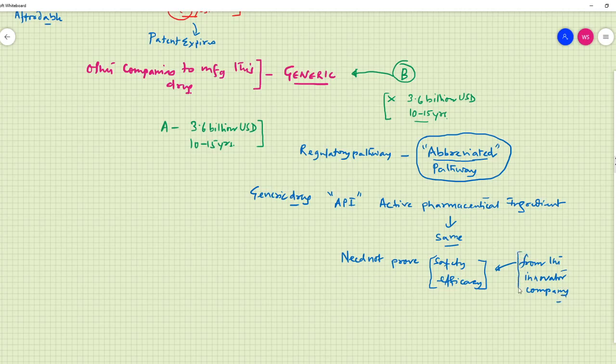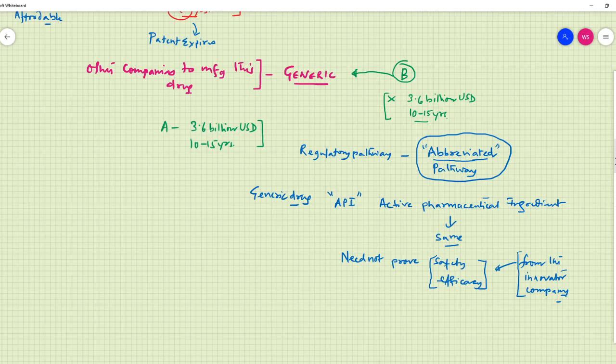Okay, so the data of the innovator company can be used to file for producing a generic drug. So as a result, this second company B needn't do all these studies. So then it is called abbreviated. It is not the full pathway, but it is an abbreviated pathway.